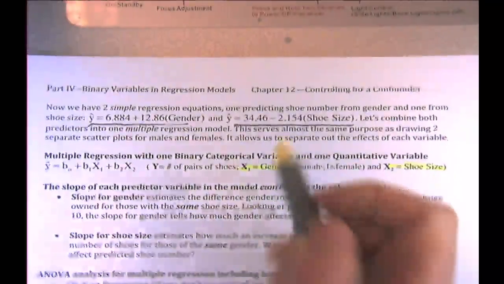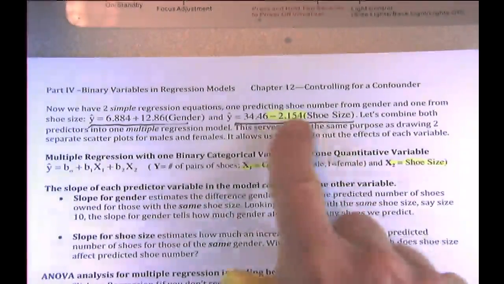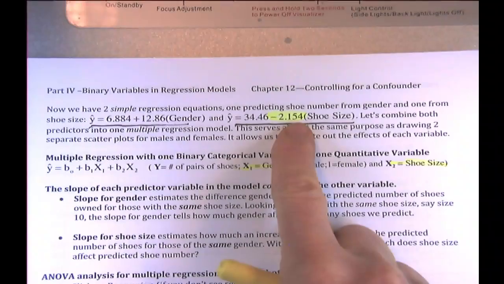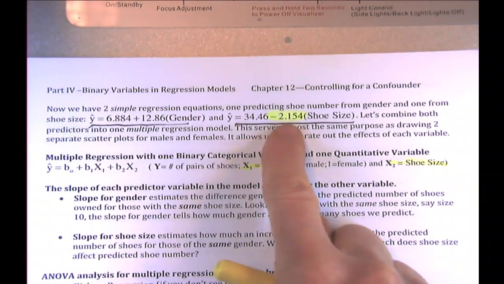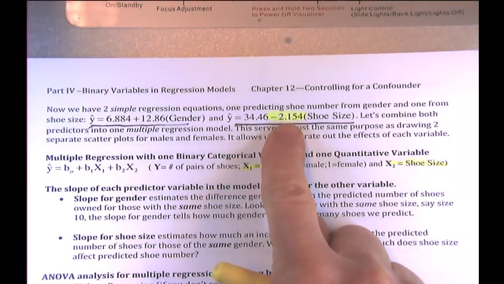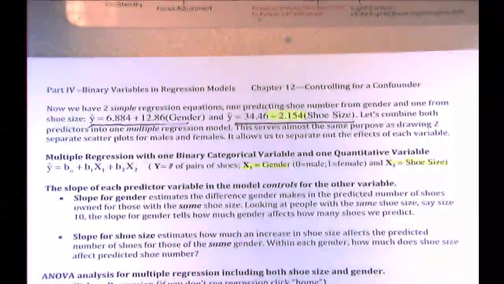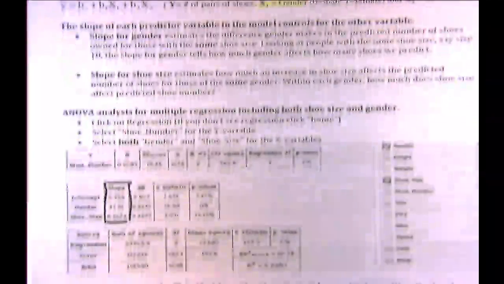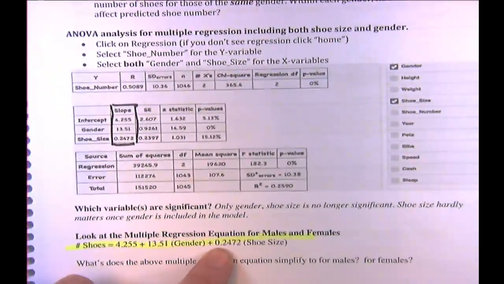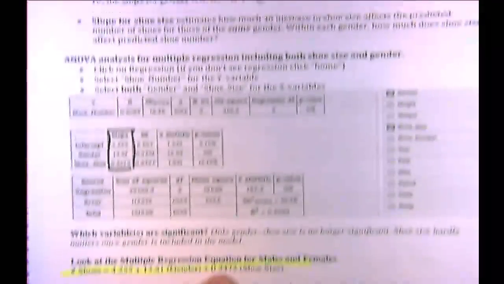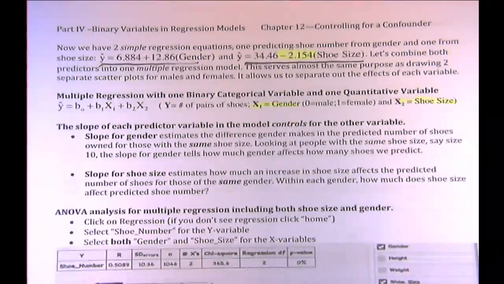Look at the difference between these two. Here, first of all, it's negative, and it was very significant. It had high correlation, right? Now, we look at it, and it's a much weaker effect. It's in the wrong direction, and it's not even significant.